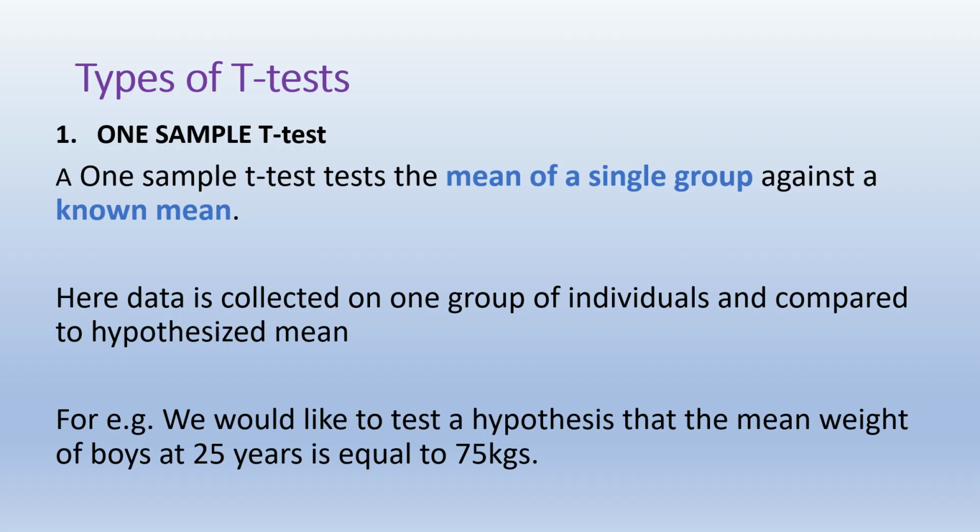If it is significant, we say this is significantly different from 75 kilograms. That means this could not have happened by chance. If it is not significant, then we fail to reject the null hypothesis and we say the mean weight of boys at 25 years is equal to 75 kilograms.